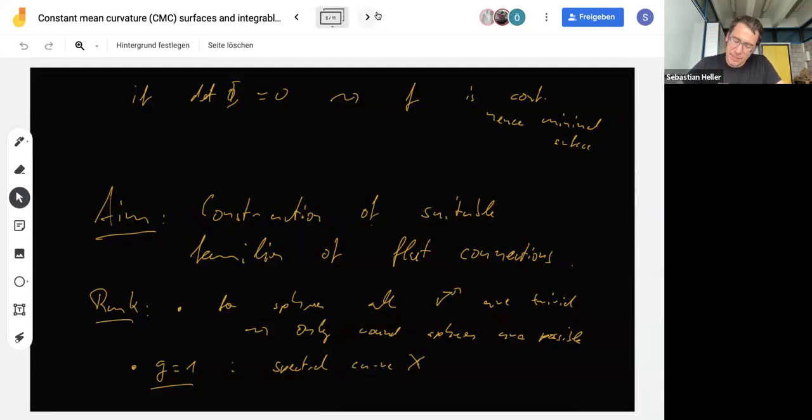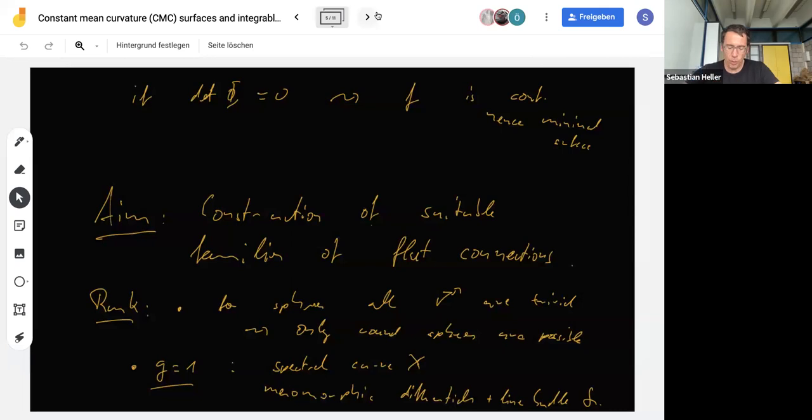And it has some additional data, namely meromorphic differentials and some holomorphic line bundle. And these data, the spectral curve, somehow parameterize, via these differentials and the line bundle, these families of flat connections.